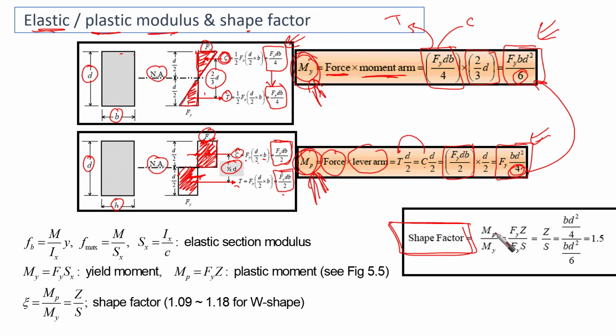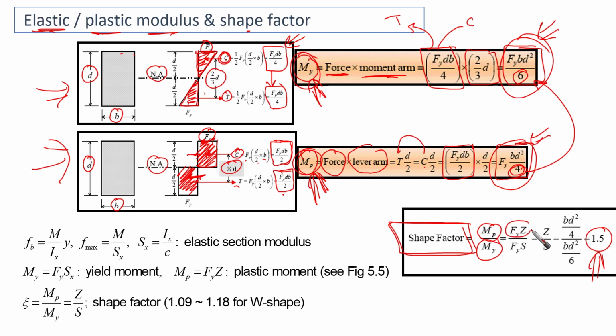So if you take the ratio between the two, M plastic over M yield, it gives you 1.5. Whenever we are talking about a rectangular cross section, remember M plastic equals F yield times Z, and M yield equals F yield times the elastic section modulus S. F yield cancels with F yield, and we remain with Z over S. Z here is BD squared over 4, S here equals BD squared over 6, and then we end with 1.5.